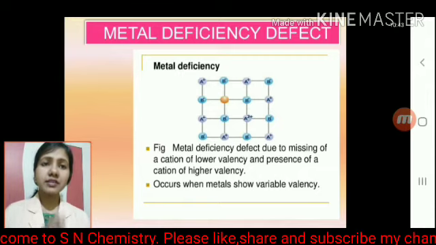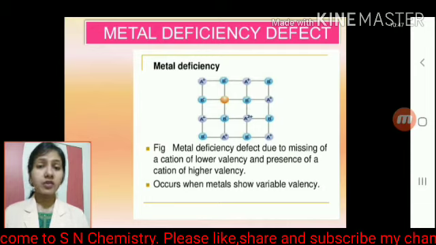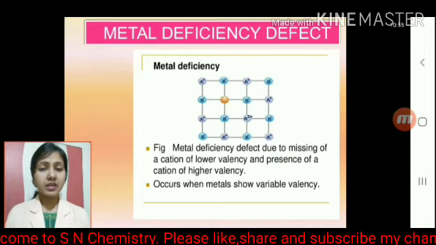Students, this defect is generally found in the transition metals. Transition metals have a unique property that they show variable oxidation states, or variable valencies. Just like iron, Fe, it shows valency of +2 as well as +3.